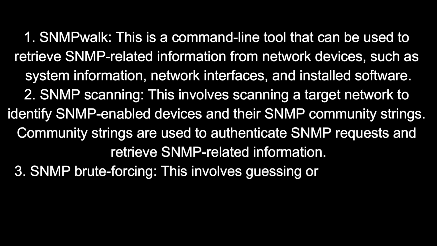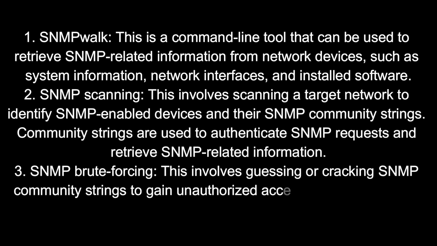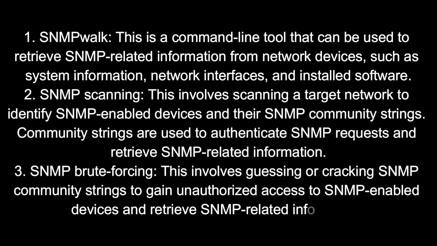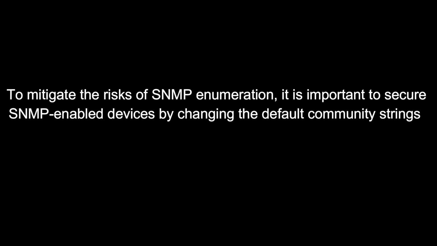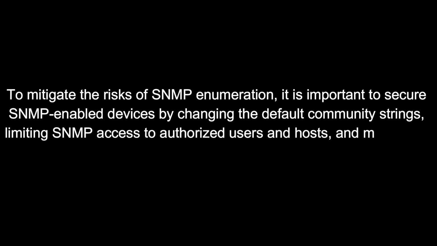This involves guessing or cracking SNMP community strings to gain unauthorized access to SNMP-enabled devices and retrieve SNMP-related information. To mitigate the risks of SNMP enumeration, it is important to secure SNMP-enabled devices by changing the default community strings, limiting SNMP access to authorized users and hosts, and monitoring SNMP traffic for suspicious activity.